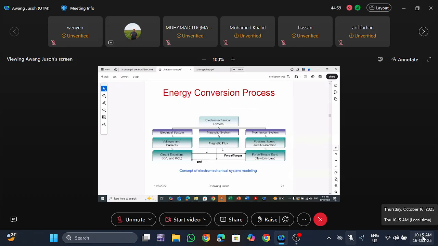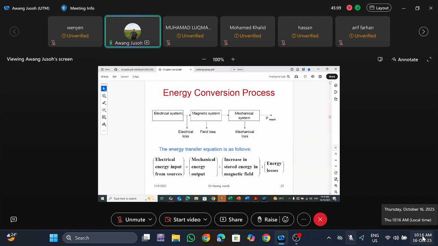This next slide is just the same phenomena, to give more understanding about the system. We can put it in a block diagram to represent the electromechanical energy process. Here you got the electrical system, for example, as input. Then we supply this input to the mechanical system through the magnetic system.